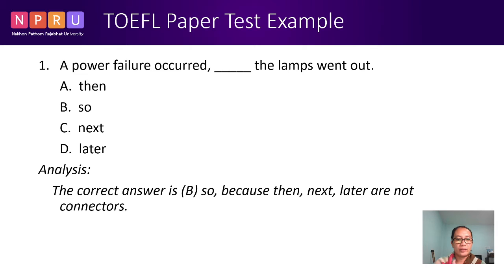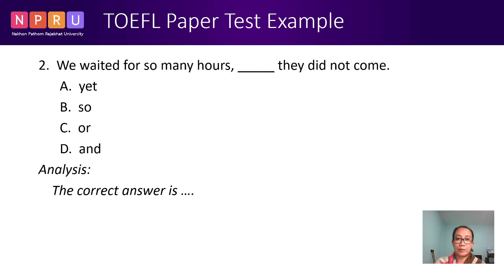So the answer for this is, okay, the correct answer is letter B because so is a connector, while then, next, later are not connectors. So letter B is the correct answer. A power failure occurred, so the lamps went out. So the rest, you will do the answer. Okay? The rest, you have to answer in your worksheets.